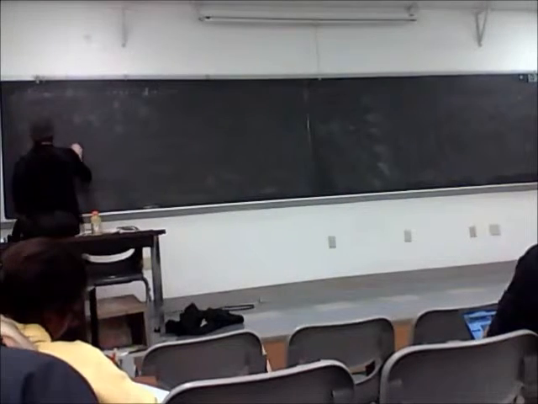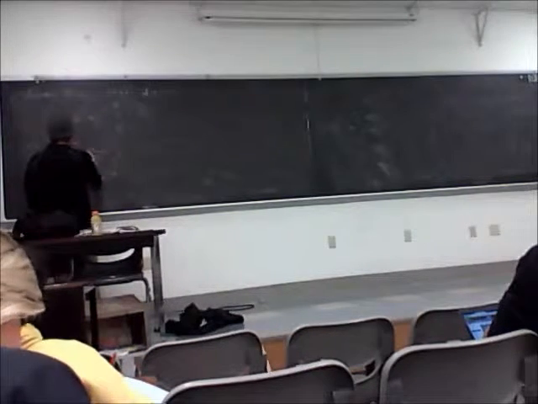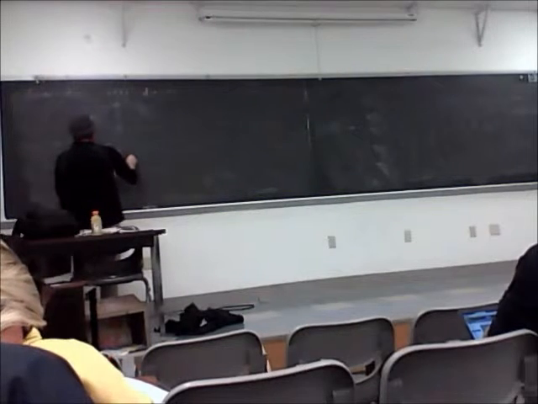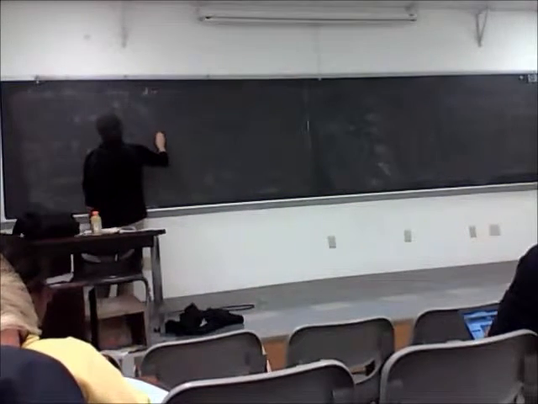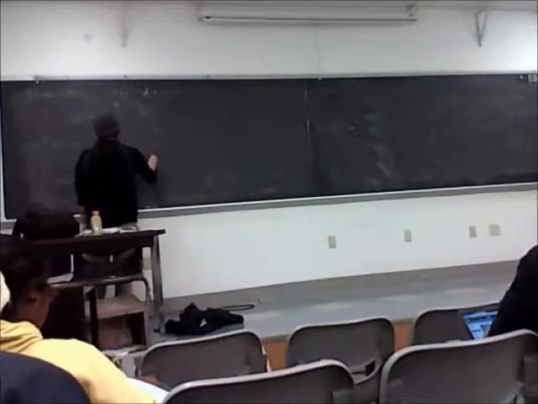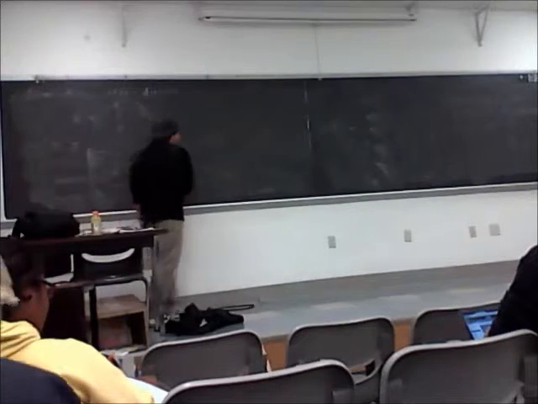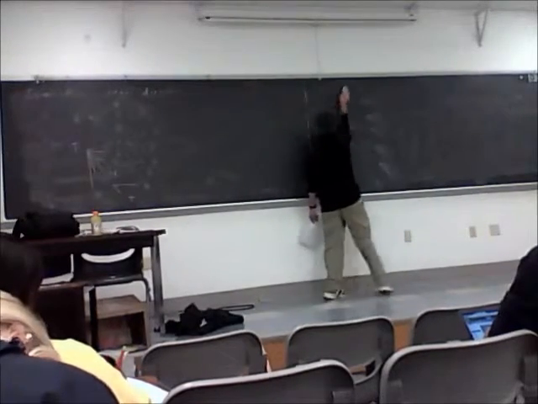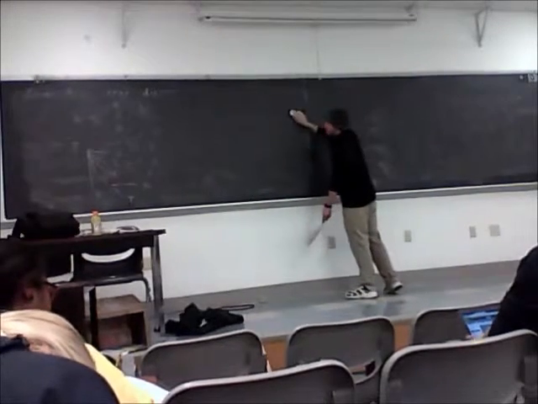This would go R, G, B. This will go 1, 2, 3, 4, 5, 6. And then this will go H, T, H, T. So this tree diagram.